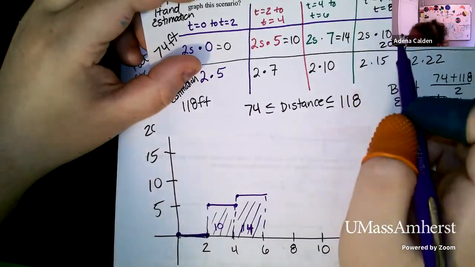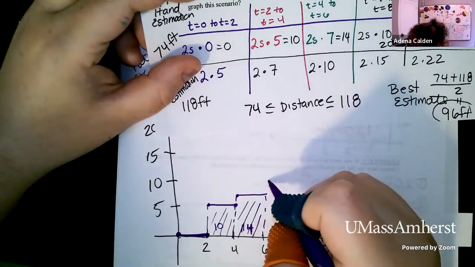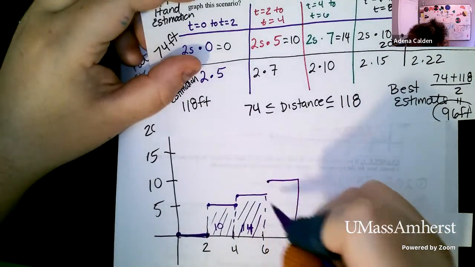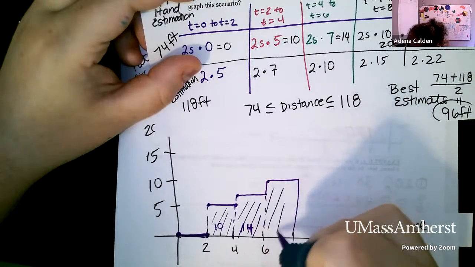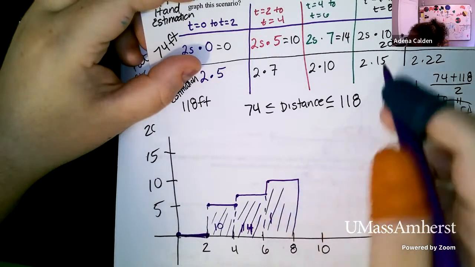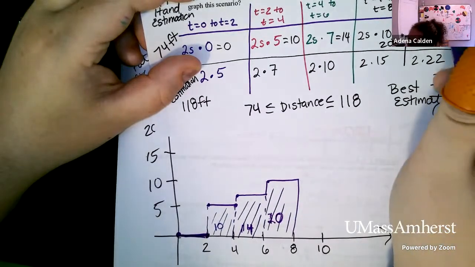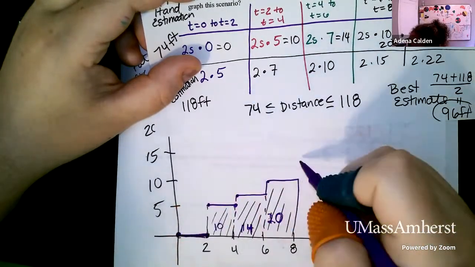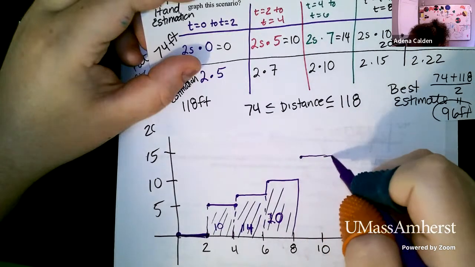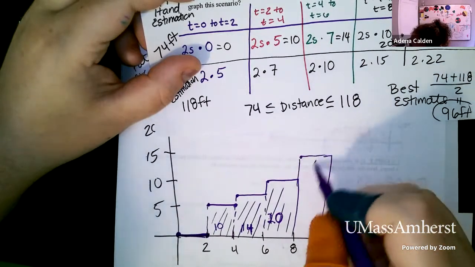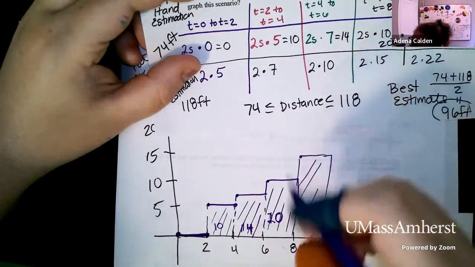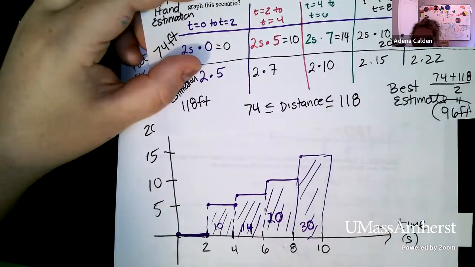Time 6 to time 8, we assumed a rate of 10. So when we did 2 times 10, we got an area of 20. And then from time 8 to time 10, we assumed a rate of 15 for our left-hand approximation. Right, and we multiply those together, that area was 30.